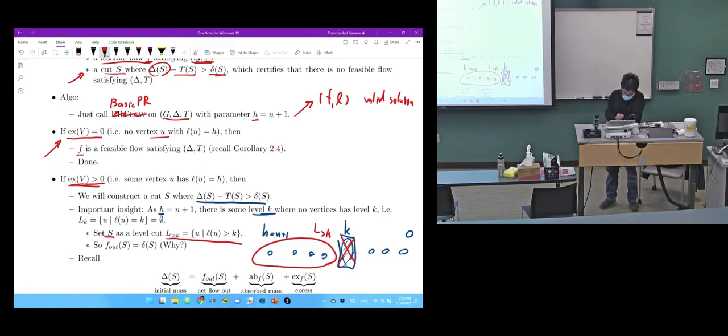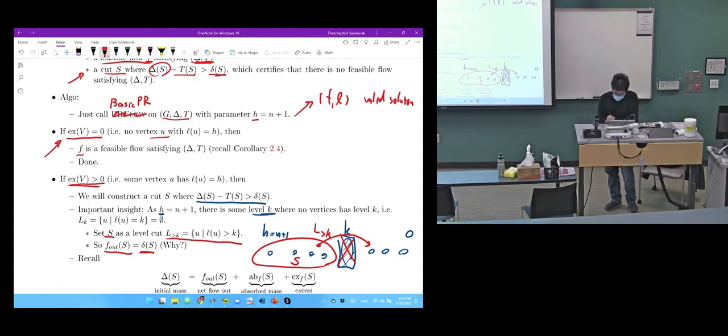And the first thing to note is if you look at the total flow out of S, this is going to be exactly the cut size. Why is that the case? Because flows cancelled? I don't think that is quite the reason. If you look at the edges that go out of this cut S, it must keep the level.